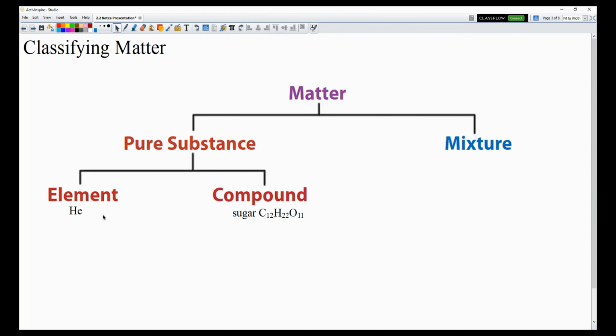An element is anything that's on the periodic table, so I have the example here of helium. And then a pure compound will be something like sugar, where it has carbon, hydrogen, and oxygen in a certain ratio of those elements. And so that is a pure compound. So go ahead and pause and make sure that you have this copied down into your notes.